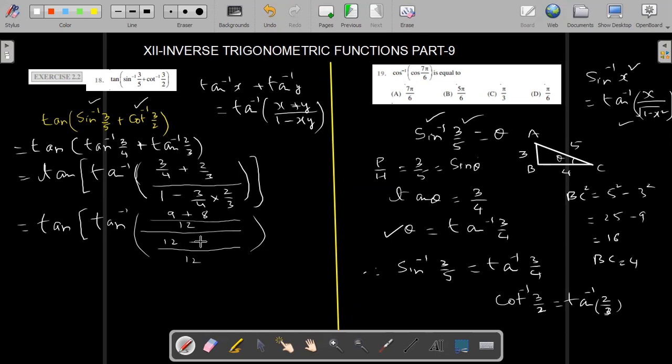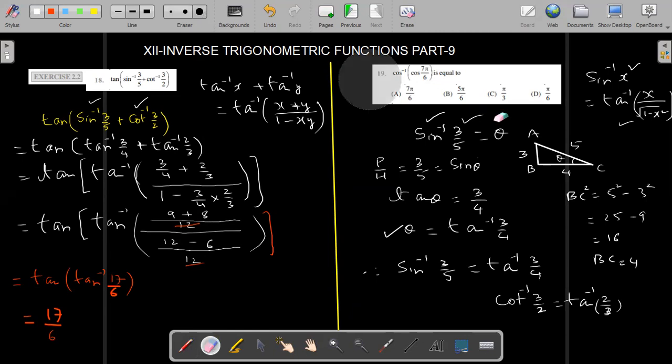Here you will get 12 minus 3 2s are 6. By doing this, you can easily cancel 12 and 12. So you get tan inverse of 9 plus 8, 17 by 6. So the answer is 17 by 6. If you cancel this 3 by 3, then 4 will be the LCM, then again you have to convert 4 into 12. To avoid that, we do it like this.